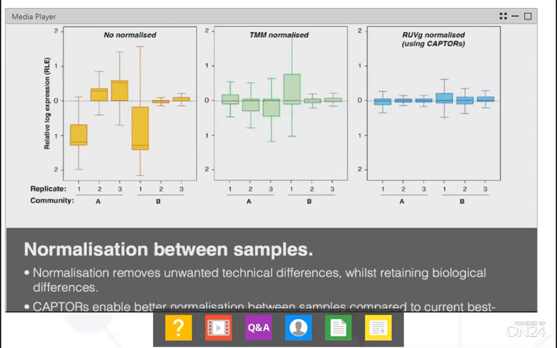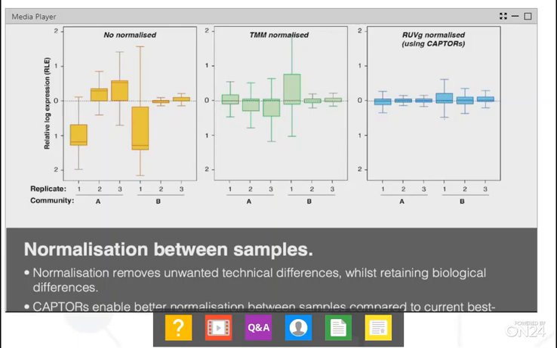This is important because once we move to those objective quantitative standard units, it allows us to start directly comparing abundances between samples. Because the CAPTORs provide this empirical standard unit, they provide a universal quantitative reference that we can use for comparing and normalizing between 2 samples.